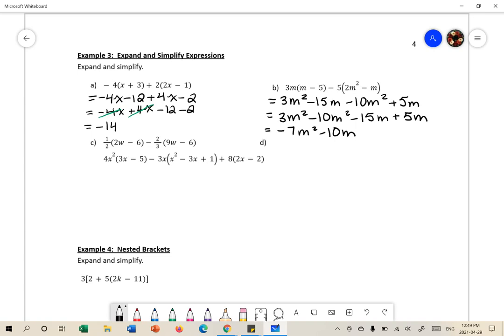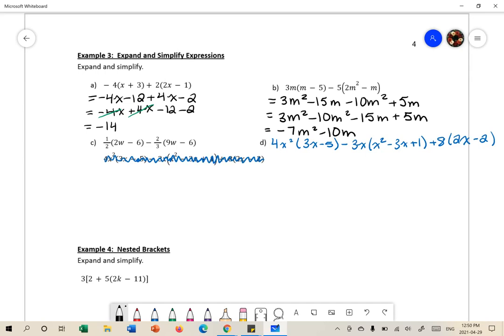For some reason, when I converted this Google Doc into a PDF, question D moved down a line and is now in front of question C. Your version should not look like this. I'm just going to rewrite question D where it should be written.